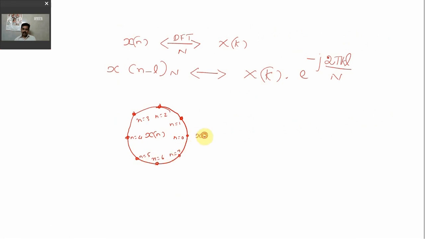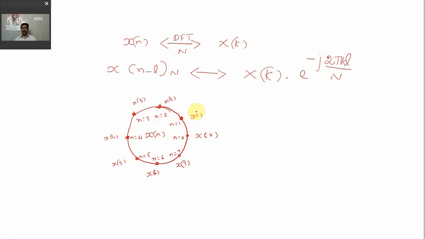So this is x of 0, x of 1, x of 2, x of 3, x of 4, x of 5, x of 6 and x of 7. The sequence has 8 samples.